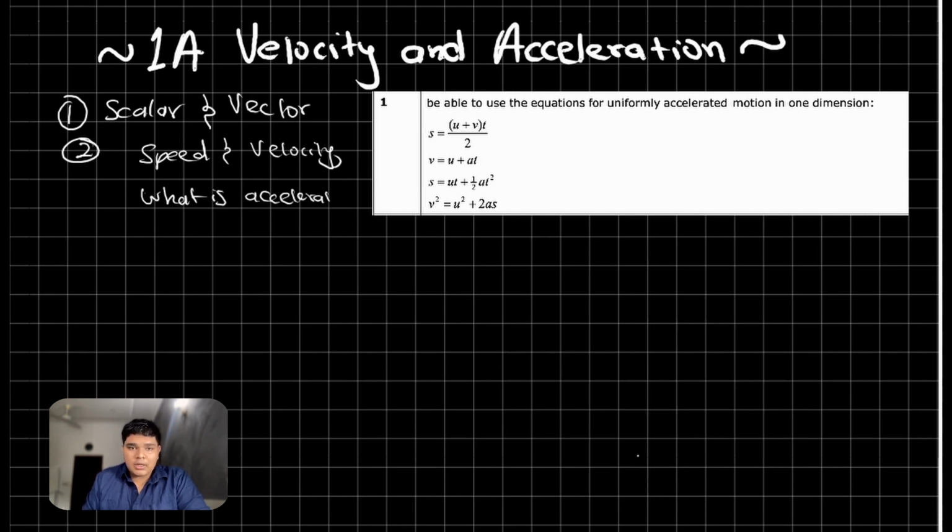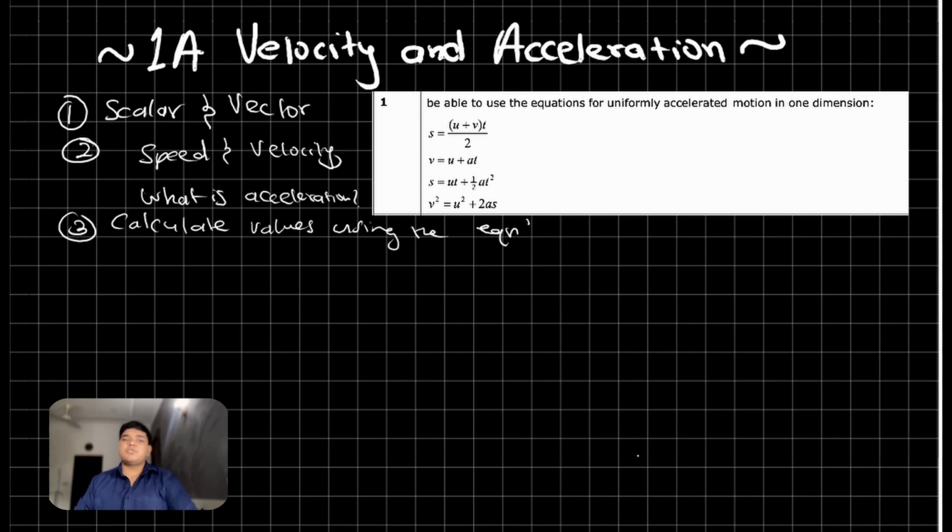A third one would be to calculate values of acceleration, of velocity, of speed using the equations that they've given to us. Calculate values using the equations given to us. So those are the objectives that you would have to know in this chapter.